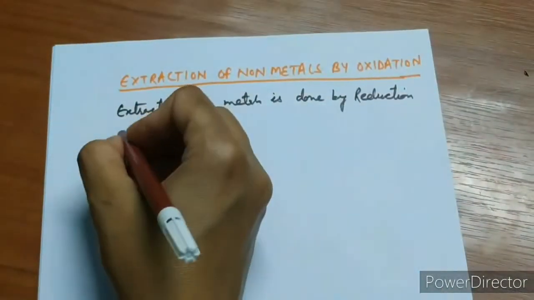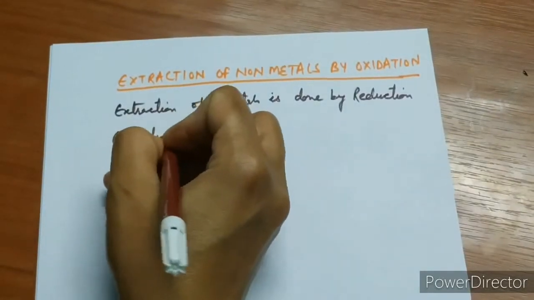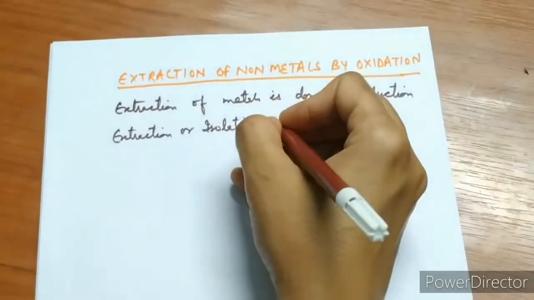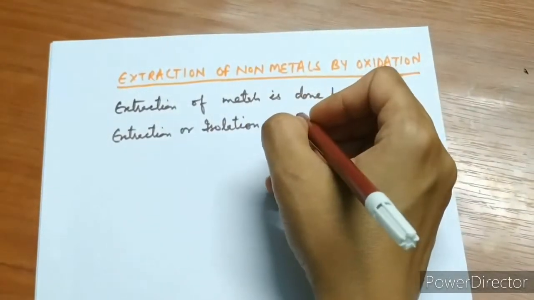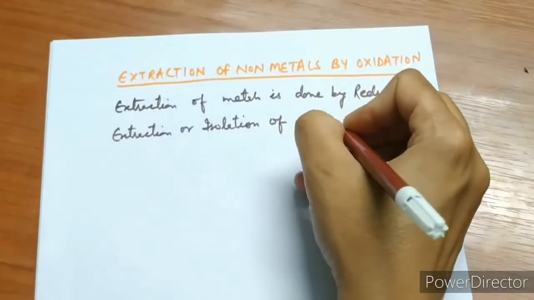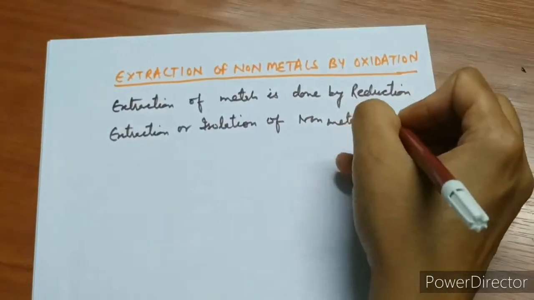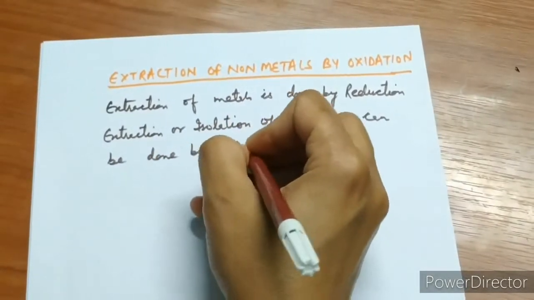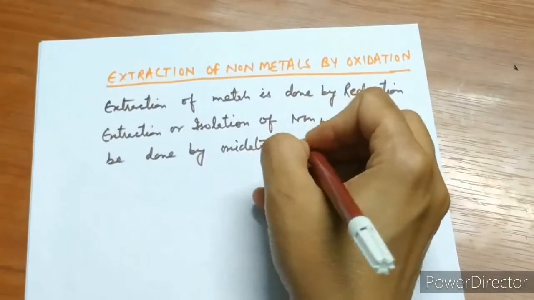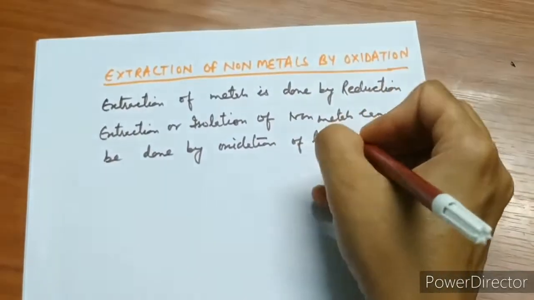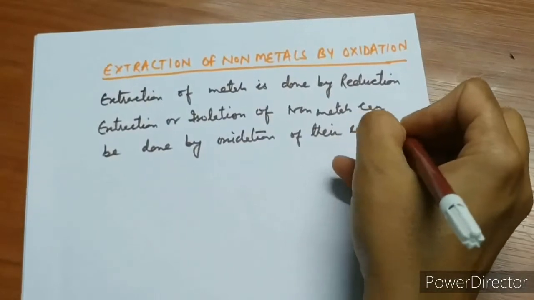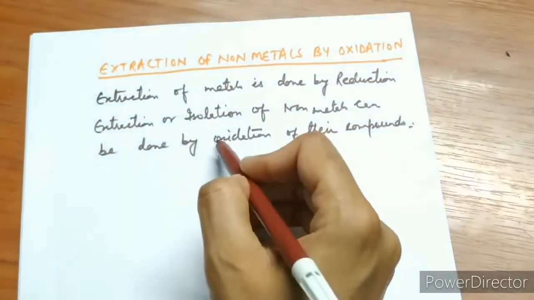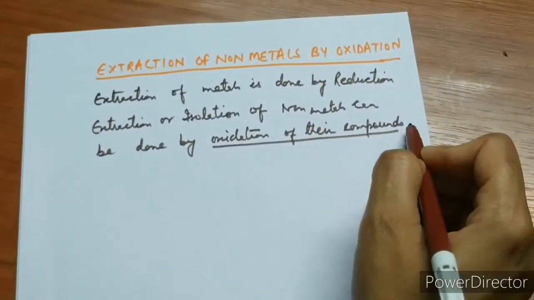So extraction or isolation of non-metals can be done by oxidation of their compounds. So how can the extraction of non-metals be done? It can be done by oxidation of their compounds.